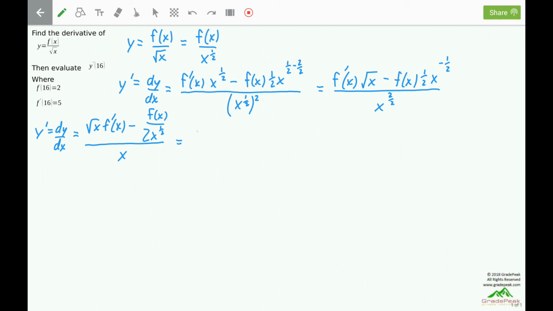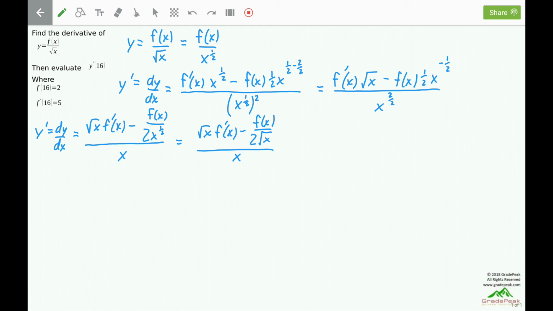So what we have here is the square root of x times f prime of x minus f of x over 2, and then x to the 1/2 means square root of x to the first power, so square root of x. And I'll have this divided by x.